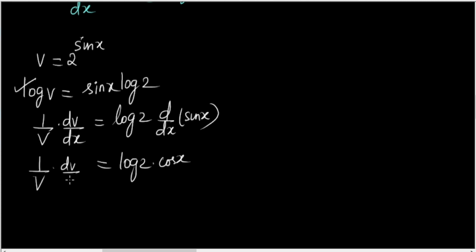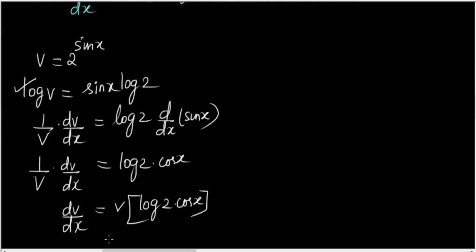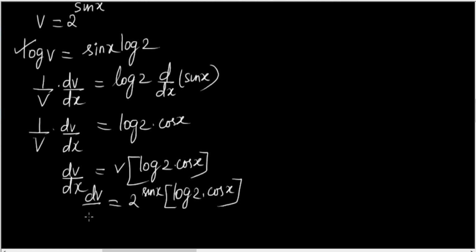Here we are going to bring the v to the other side, and as usual it comes to the top. Here v is nothing but our given function. So finally we get our dv over dx perfectly. We'll label this as the second equation.